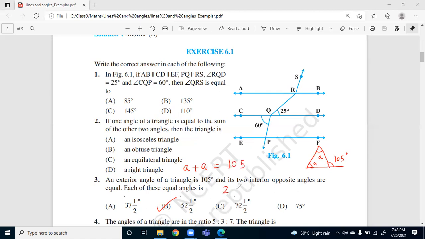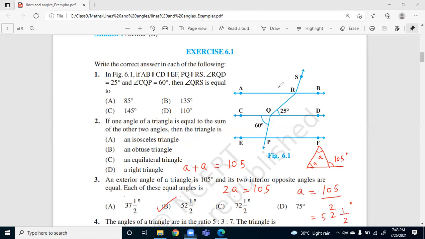So I am getting 2A is equal to 105, or A is equal to 105 upon 2. When you solve it, you will get 52 1 by 2 degrees. So B is the correct option.